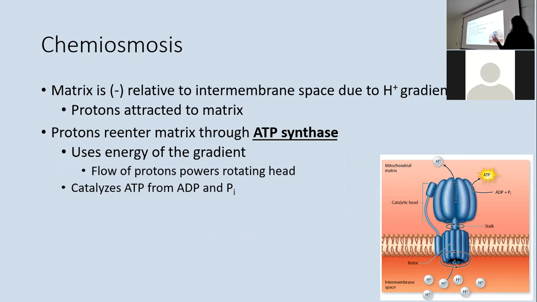And so we catalyze the reaction of turning ADP and phosphate into ATP. This process is called chemiosmosis. Oxidative phosphorylation, I think, from like several slides ago.